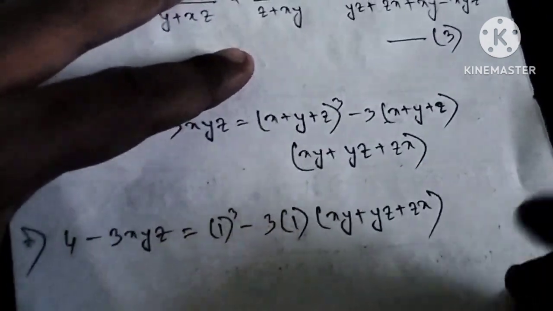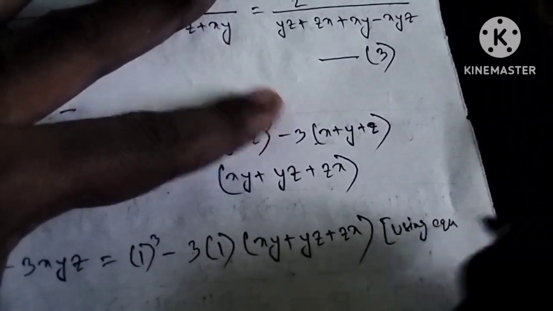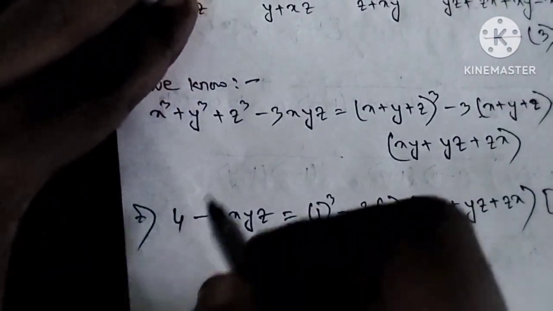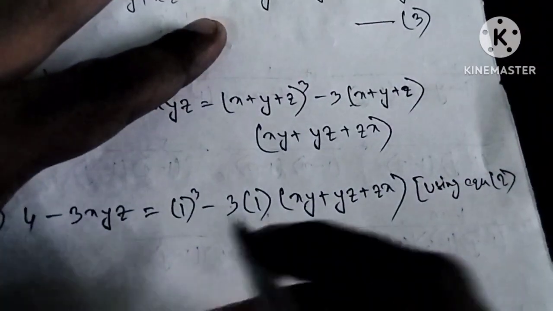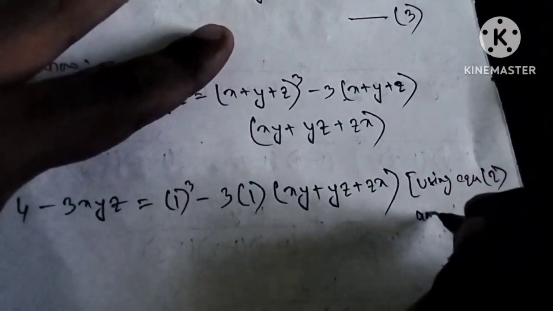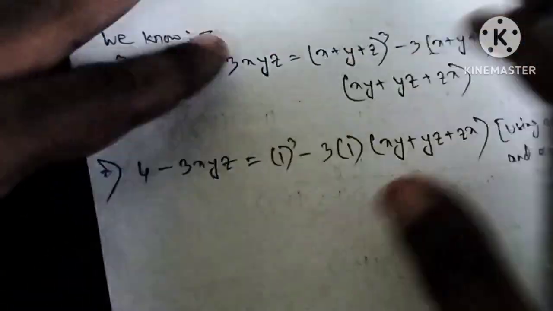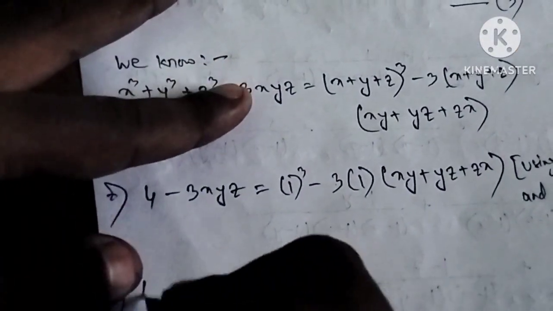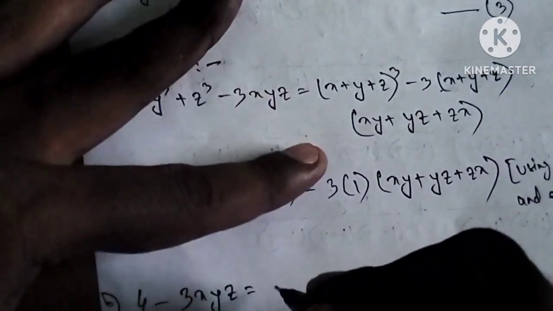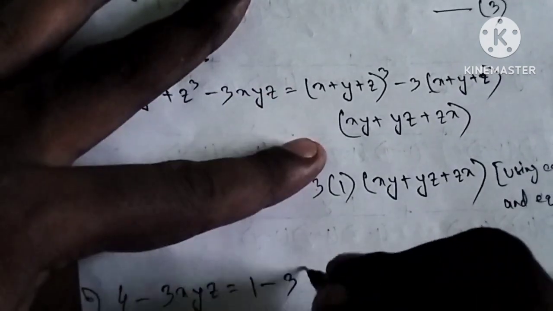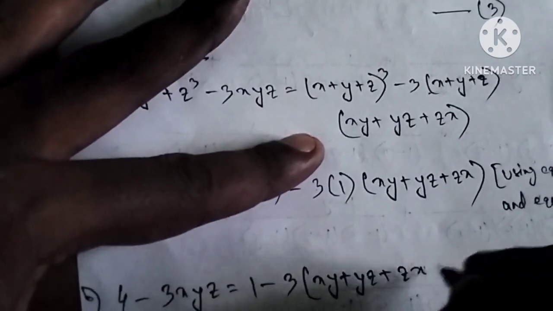So here we have to write using equation, we got this value 4 using equation 2 and we got this 1 using equation 1. Clear? So it will be 4 minus 3xyz is equal to 1 minus 3 into xy plus yz plus zx.